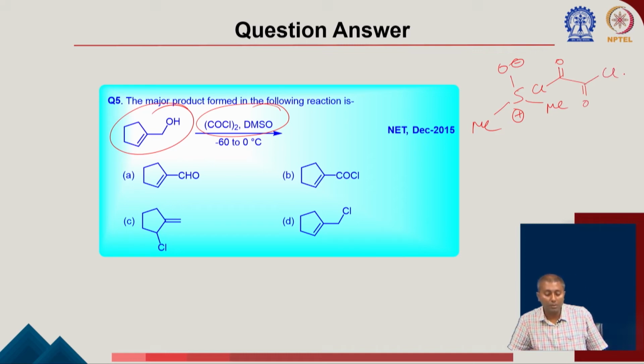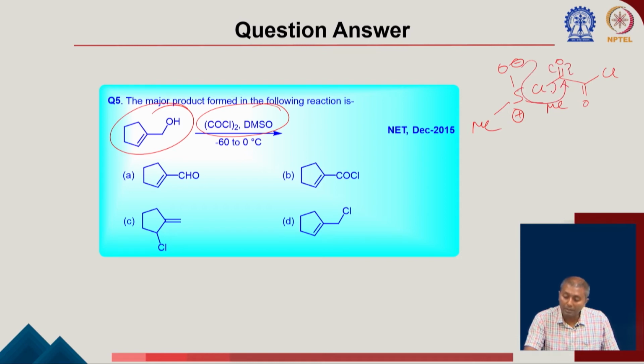Okay. So what is going to happen here? This O minus can attack here. This will come back, getting rid of Cl. Correct? And your sulfur has a positive charge here. Then what is going to happen? You have a Cl minus which can attack here.